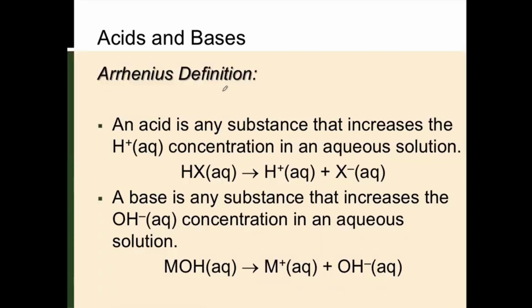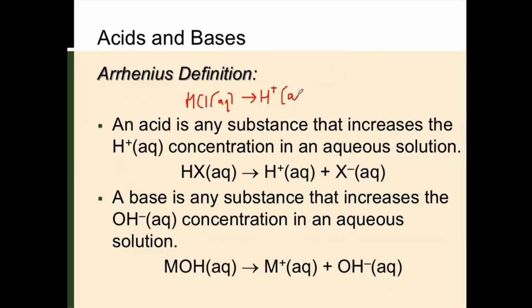So the Arrhenius definition. An acid is any substance that increases the H plus aqueous concentration in an aqueous solution. So for example, HX, where X could be any sort of anion, like for example, in this case, could be chloride. So it could be HCl aqueous, dissociates, that means it separates into its ions, to give H plus and Cl minus.